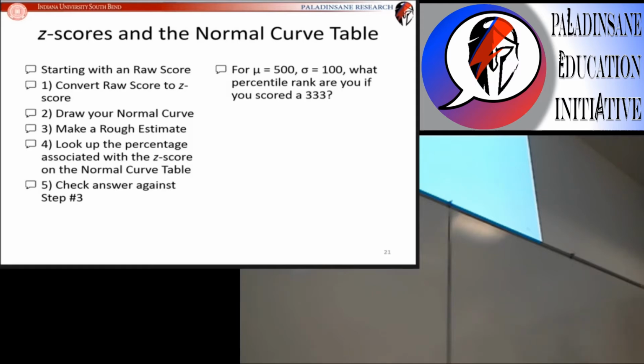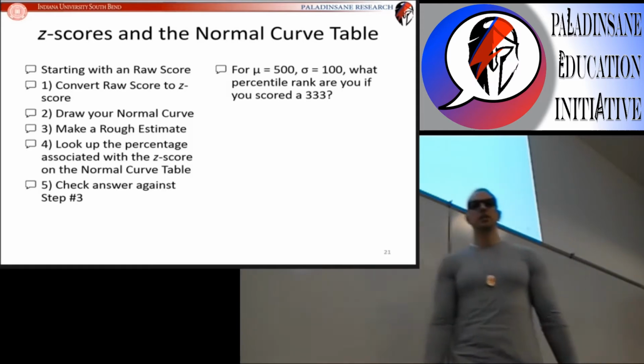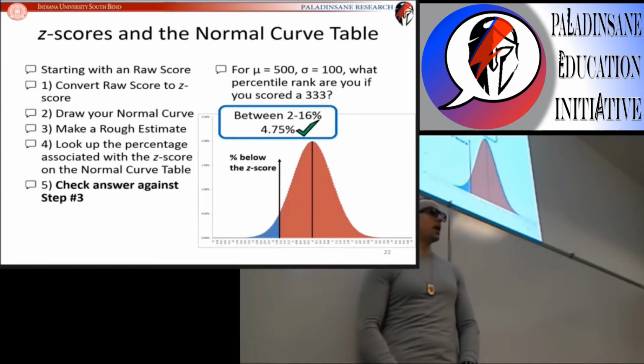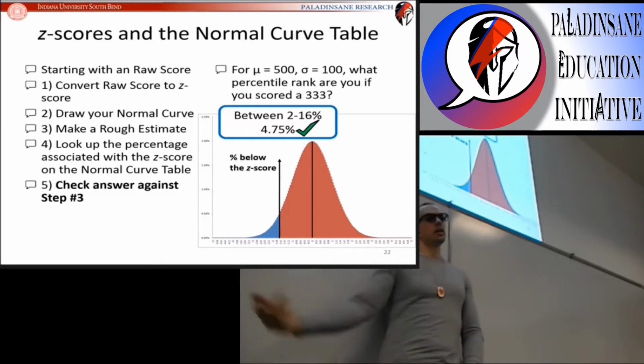These are the steps that you would use to get that answer. And as we saw last time, the percentile you are in is 4.75, and that means that 4.75 of the population scored as well or lower than you, and about 95% scored better than you.